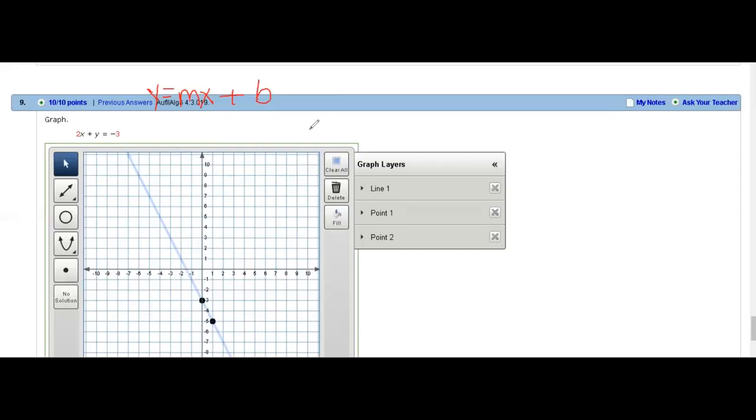So if finding the x and y intercept is not your thing, it's definitely okay to take this equation, 2x plus y equals -3, and solve it for y.